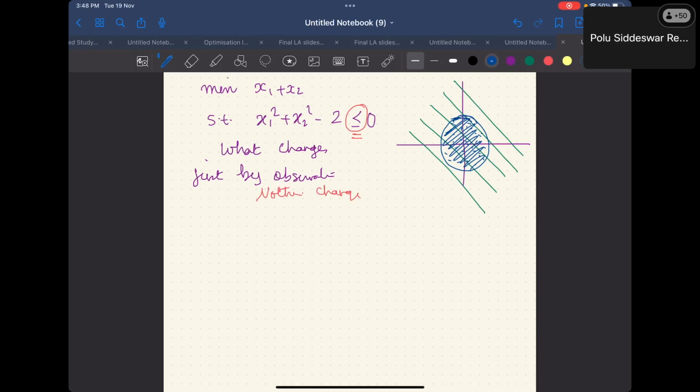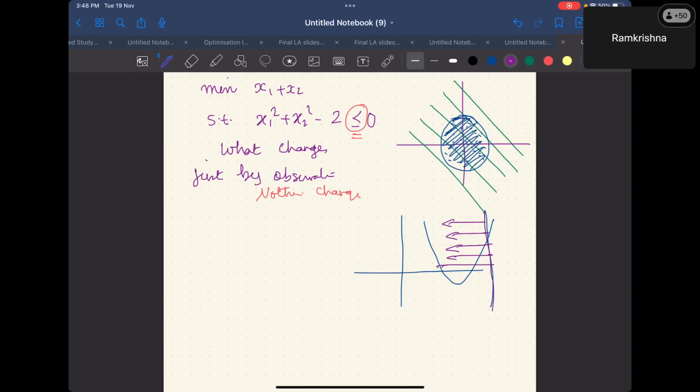Let me now do something else. Suppose now I have a function like this, and then a constraint set which says g of x is greater than 0, in the following way, so all the region to the left of this line is the constraint set.